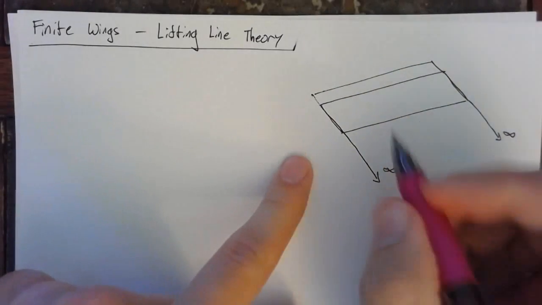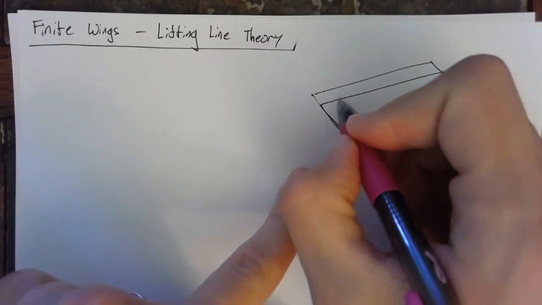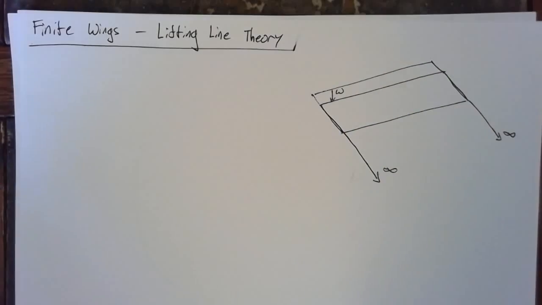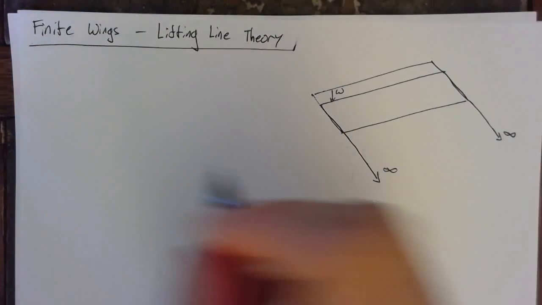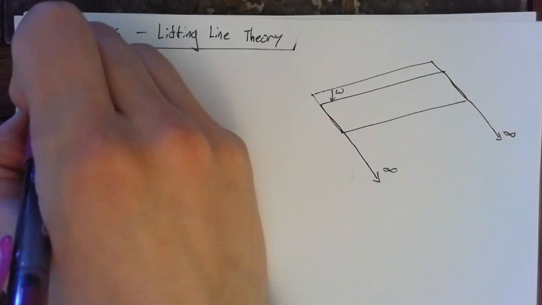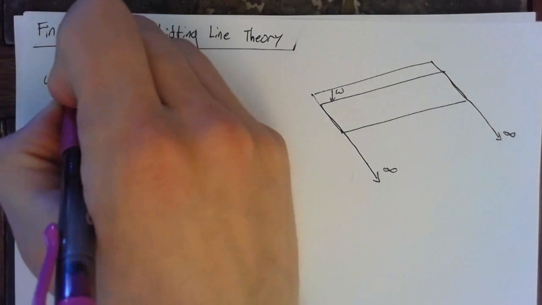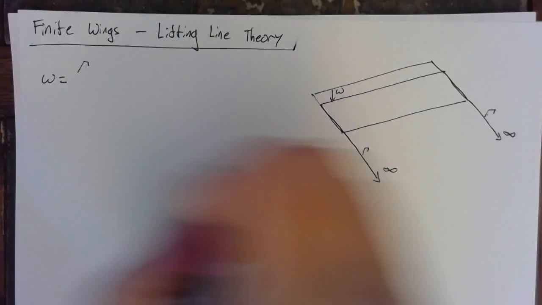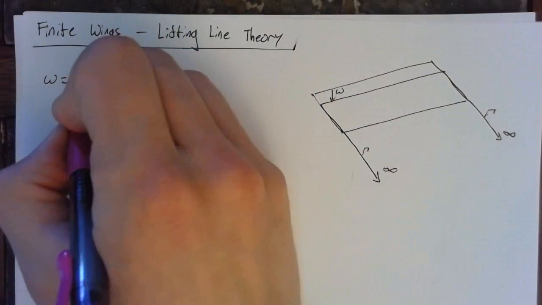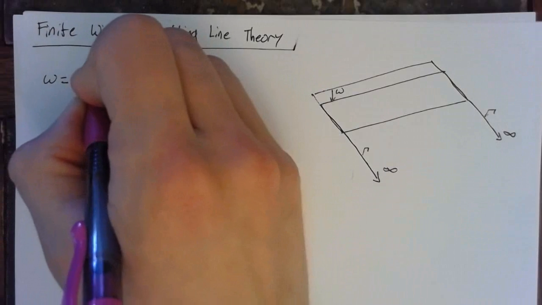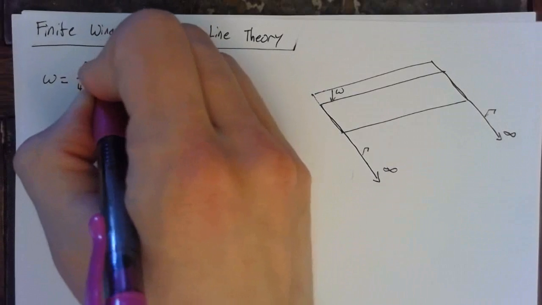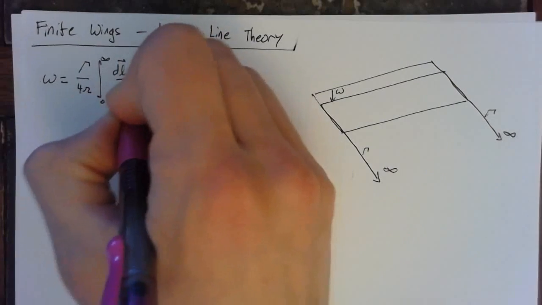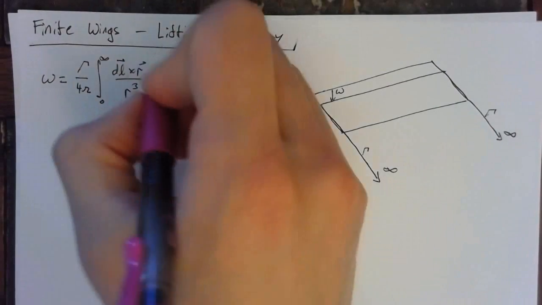Now, we can apply the Biot-Savart Law to actually calculate the downwash at a given point. And this is going to be due to the gamma, so this gamma is constant, over 4 pi times the integral from 0 to infinity of dl cross r divided by r cubed.